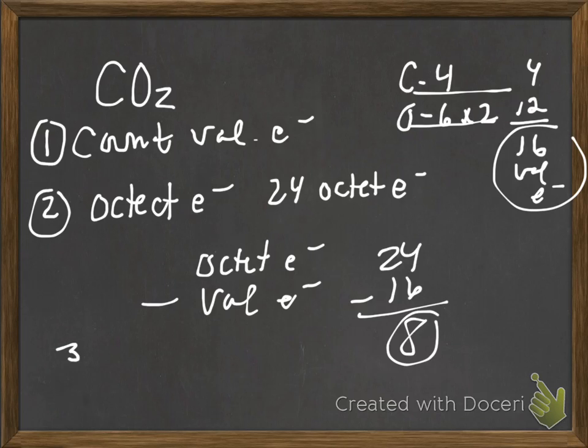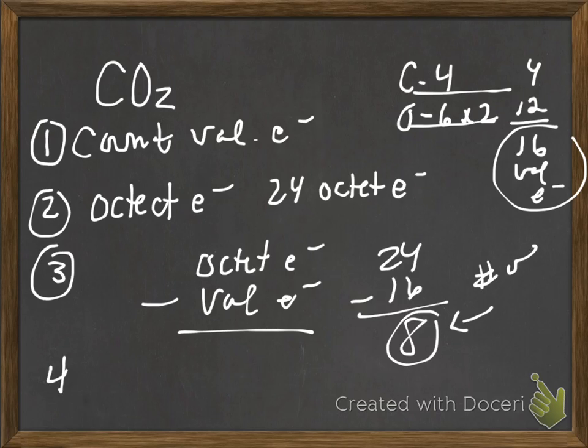So what you've just figured out, well, I should write that there. That is our little subtraction problem. And this number is the number of shared electrons. And that's pretty intuitive if you think about it. We're bringing this many to the table, but we need to feel like we have this many. The difference is what we're going to end up sharing.